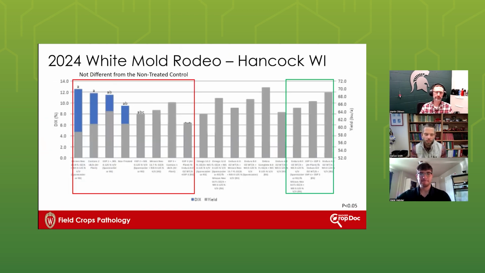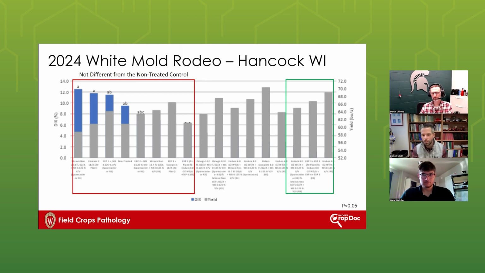Yeah, and just to look at some other data here, the gray bars are covering up some of the disease index data, but this shows you that as you have higher disease index, you get less yield. It moves around a little bit, but some of the better treatments are in the green there.